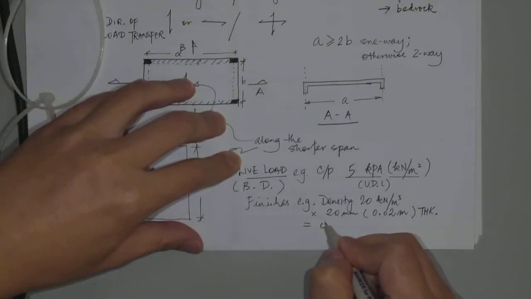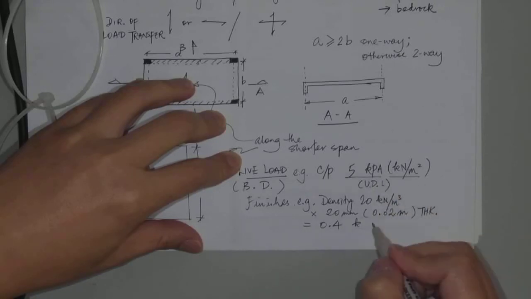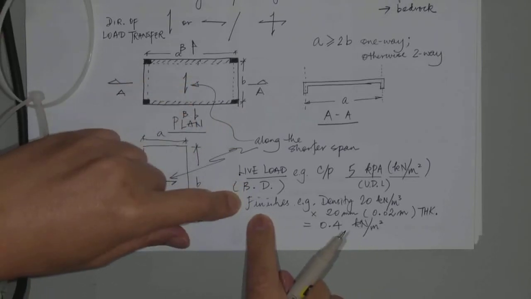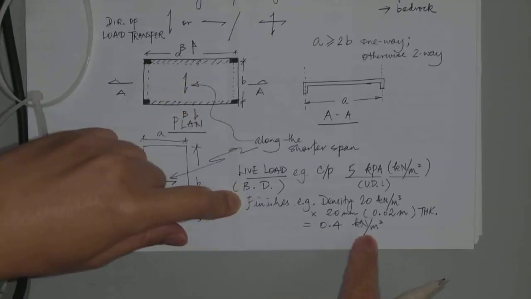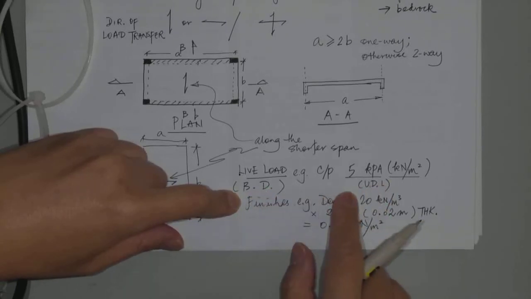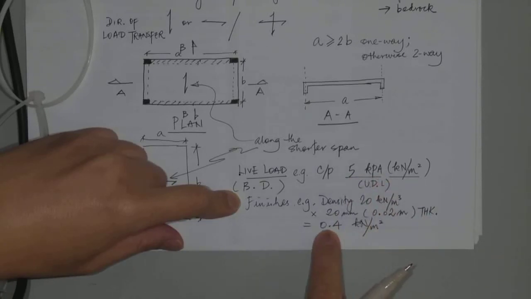That is 0.4 kilonewton per meter cubed times meter. Of course, that will give you kPa. And that, of course, is again a UDL, right? So most loading on a slab are specified in terms of a UDL, something kPa, something kPa.